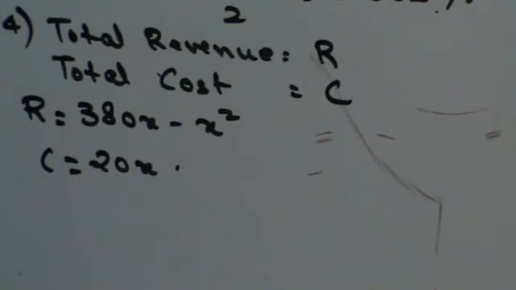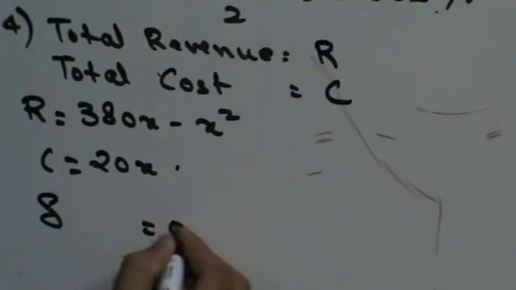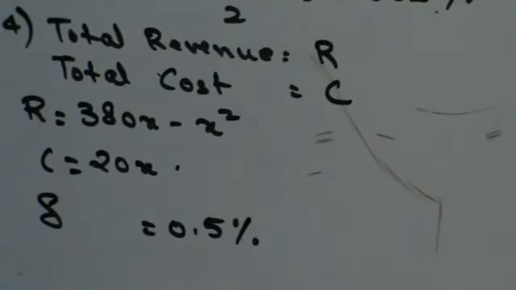If there is a 0.5% error in the measurement of the quantity, find the approximate error in the calculation of profit when the quantity is 10 units.